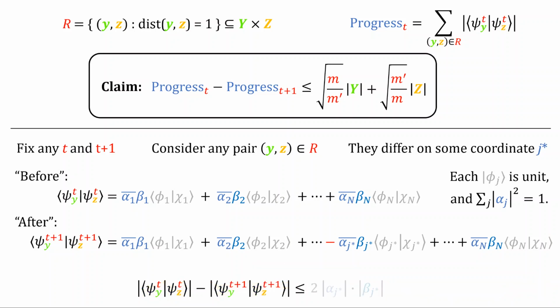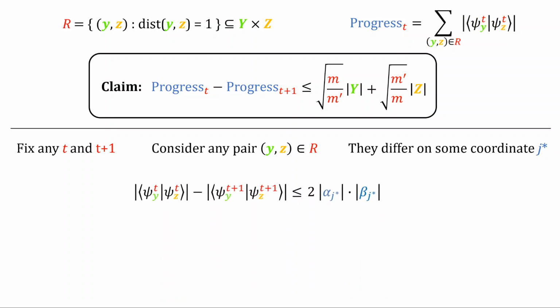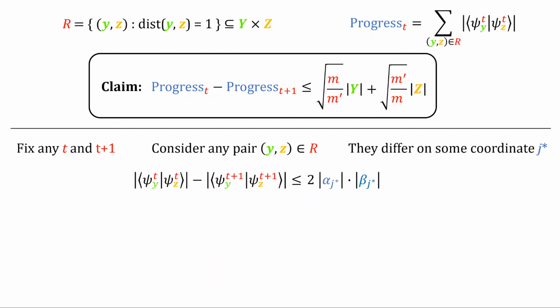So we'll save that. We get that the difference between the magnitudes of the before inner product and the after inner product absolute values is at most 2 times the absolute value of alpha j star times the absolute value of beta j star. We did that because that's directly going to go into the difference of the two progresses, if you look at the definition. So let's save this.